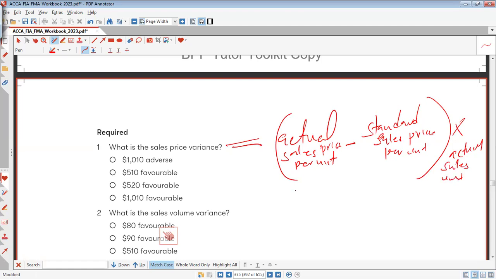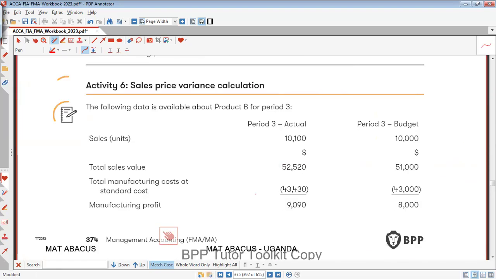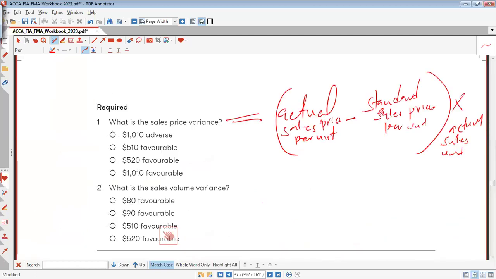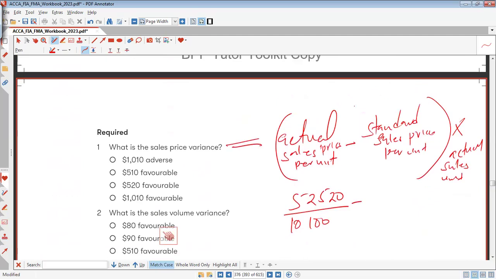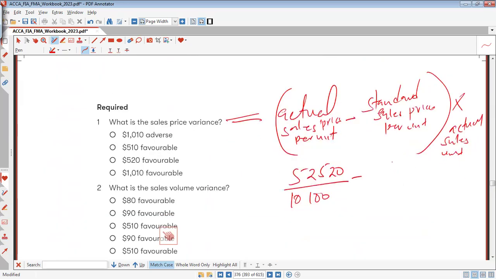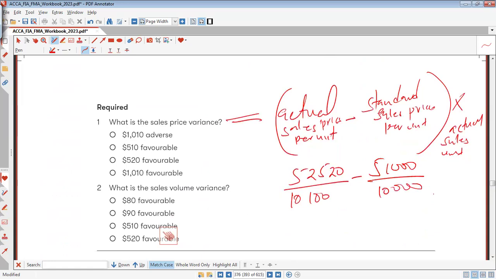So the actual sales per unit, we shall get it as 52,520 divided by 10,100, minus the other one, 51,000 divided by 10,000, times 10,100.